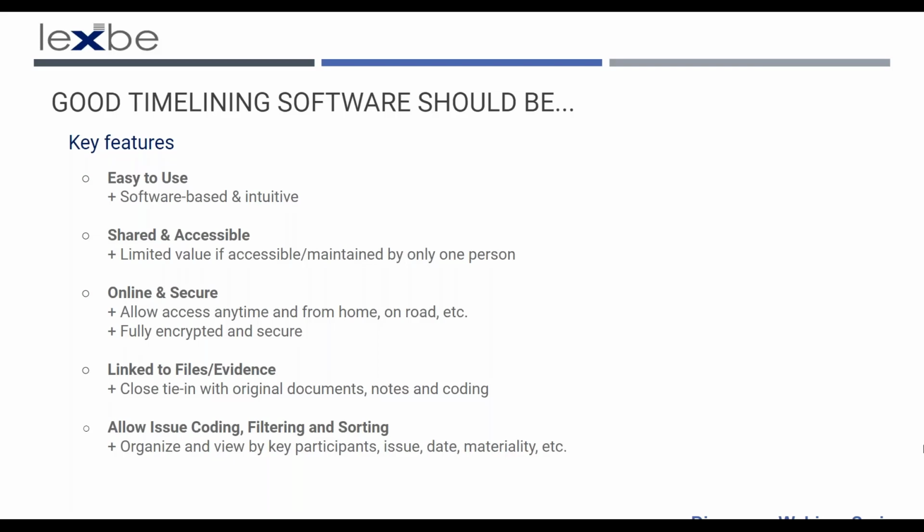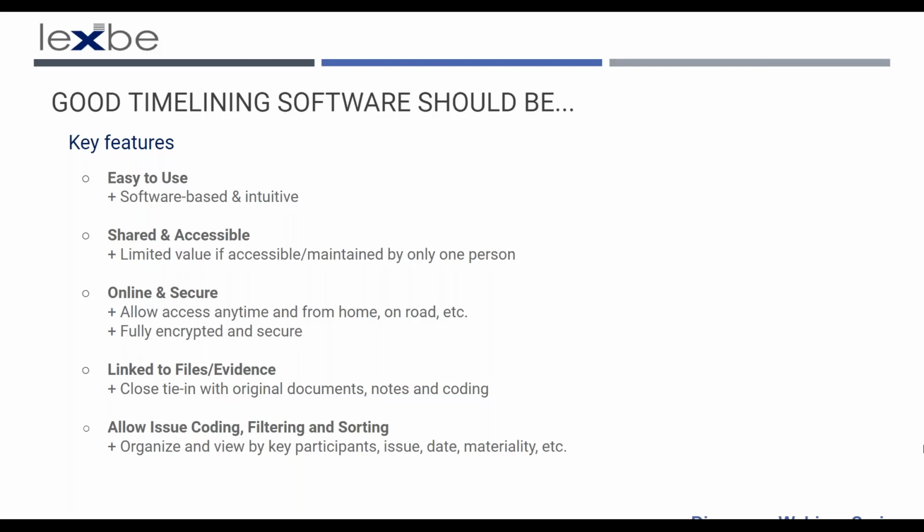It also has to be linked to the documents and any of the attorney's notes, internal notes and coding, internal annotations that can be done as well. And it has to allow the user to filter and sort on key documents like the key players, the participants, issues, definitely date ranges, and other internal coding that may be used.